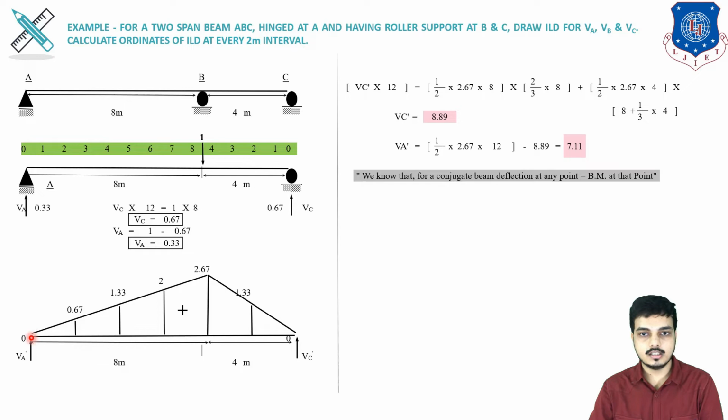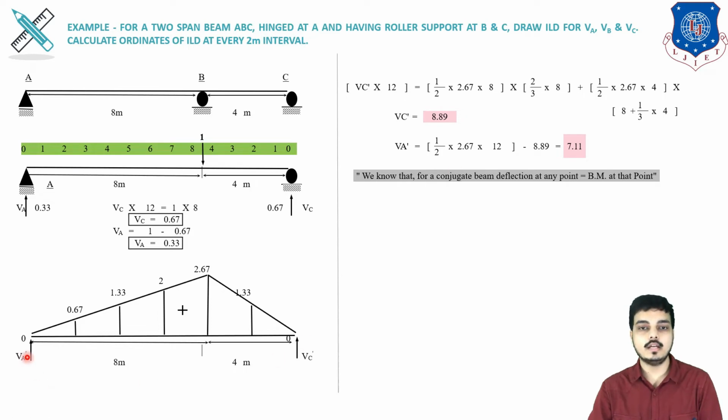The CG of this triangle will be at 2/3, so 2/3 of 8, plus the area into CG of the second triangle. The area will be 1/2 into 4 into height, multiplied by the CG, which from here is at a distance of 8 plus 1/3 of 4. This is a basic triangle rule. So like this we can find out VC dash.